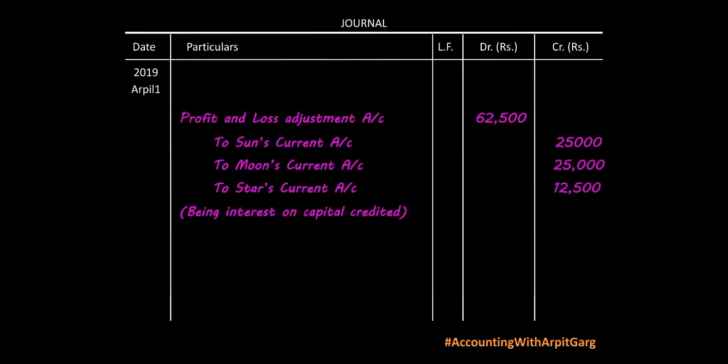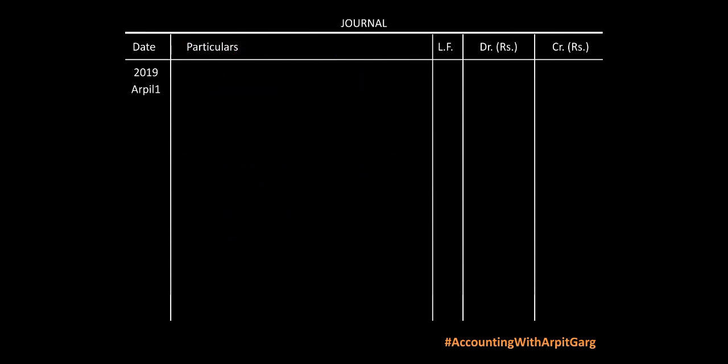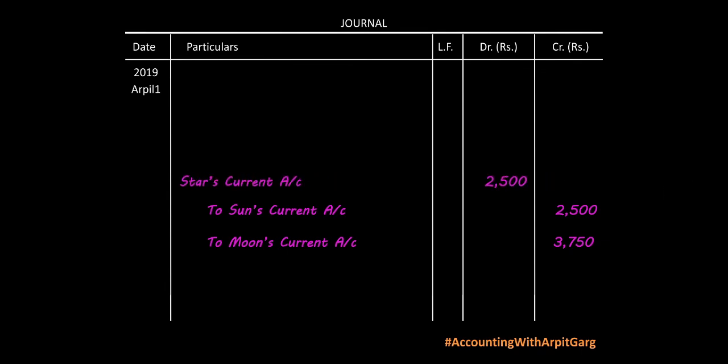Then interest on current account. So we will give to Sun's current account. We will give to Moon's current account, and we will take from Star. Remember in the question, Star's current account has a debit balance. So we will take, Star's current account debit 2,500. This entry is not balanced, so we will write profit and loss adjustment account.